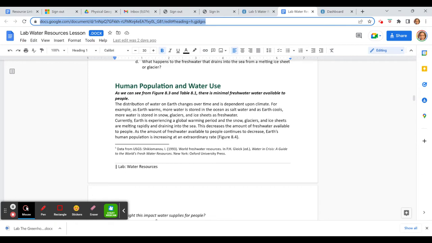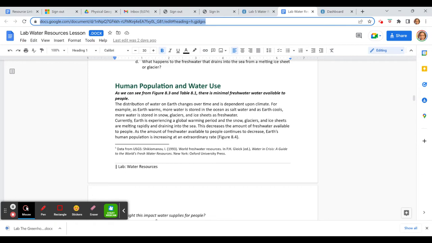Currently, the Earth is experiencing a warming period, and so the snow and glaciers and ice sheets are melting and draining into the sea. So that means that the amount of fresh water that we have is being lost to the ocean. So we have a decreasing amount of fresh water available to people.